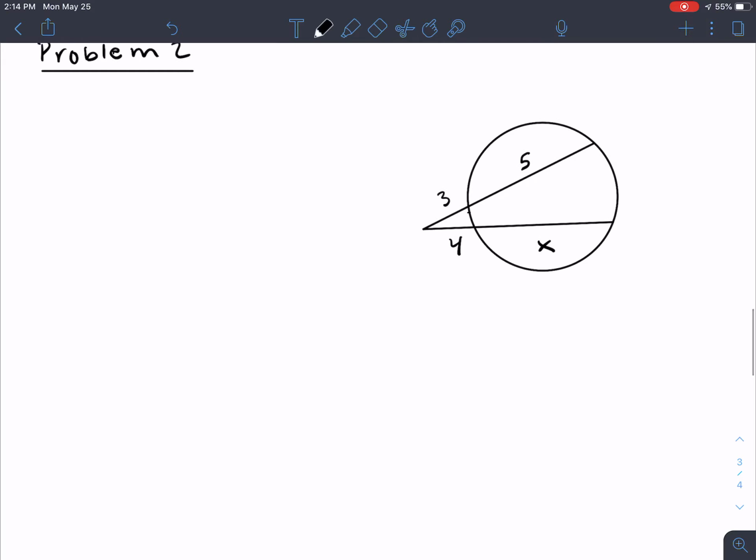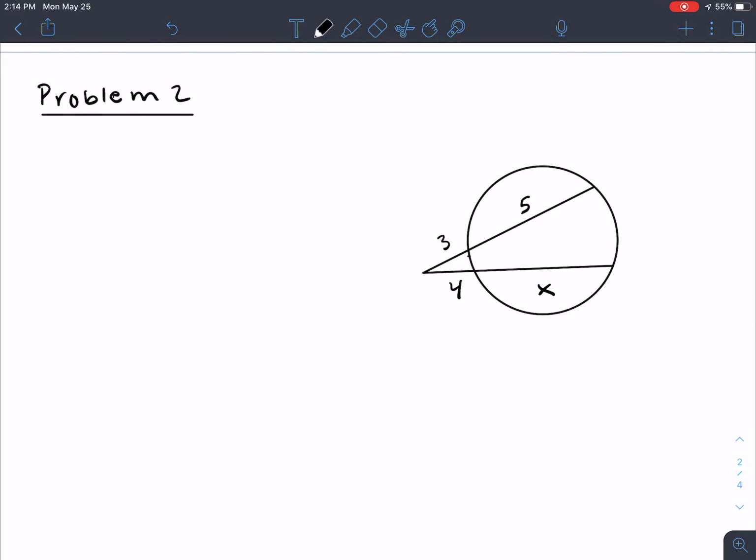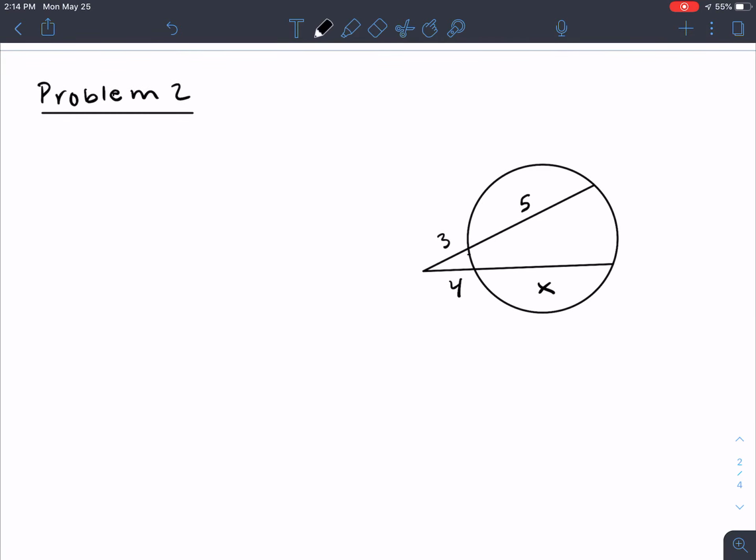So here's another problem. So I'm going to use the same thing here. It would be 3 times 3 plus 5 is equal to 4 times 4 plus x.